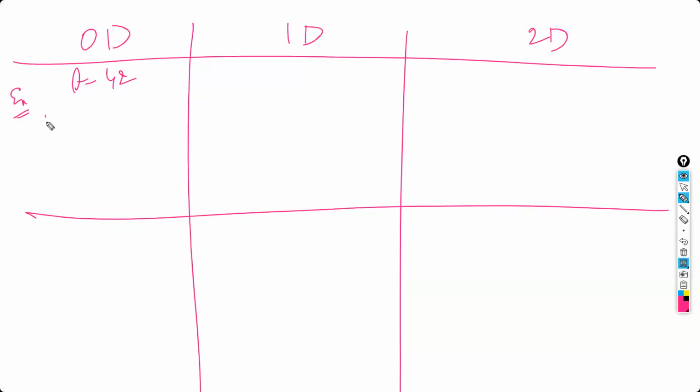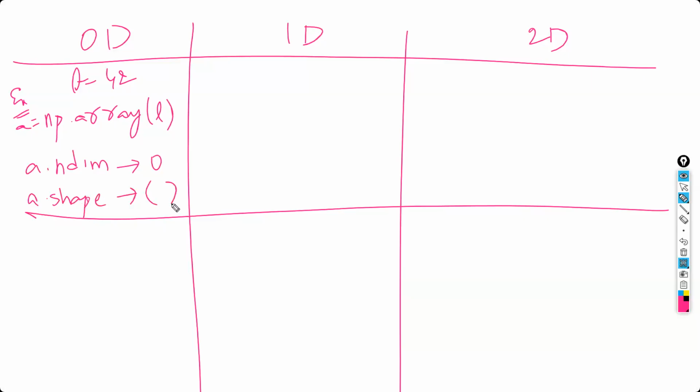Now, if I convert this to array, A is equal to np.array of L. Now it is going to convert to array 42. And what is the dimension of this? What is ndim? It is going to give 0. And what is the shape of this? A.shape means it is going to give empty parentheses.